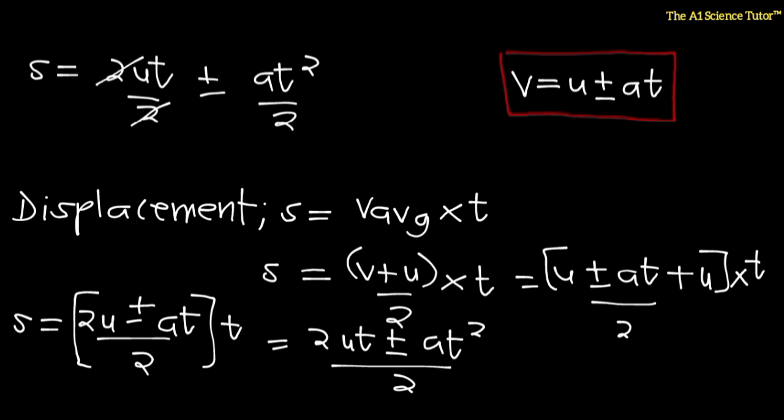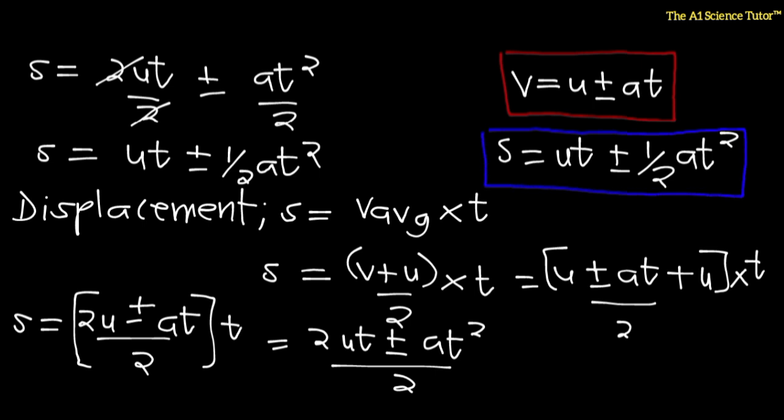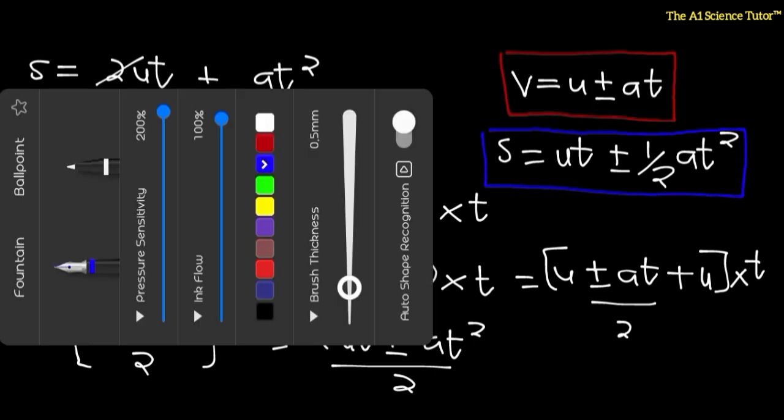So I know that 2 cancels out here, and so we should have s equal to ut plus or minus 1 over 2 at squared. So this is going to be the second equation of motion. S is equal to ut plus or minus 1 over 2 at squared. Now, hopefully you know the reason why the plus or minus is present there.